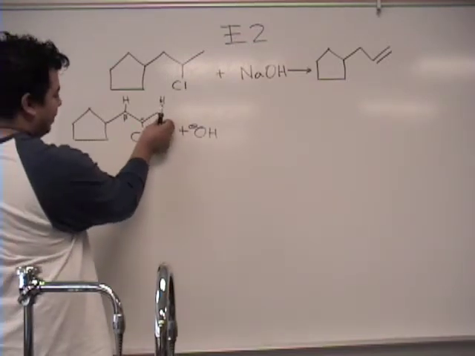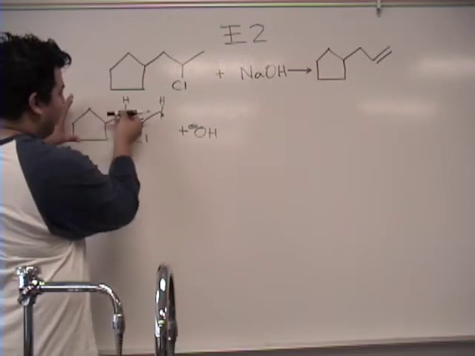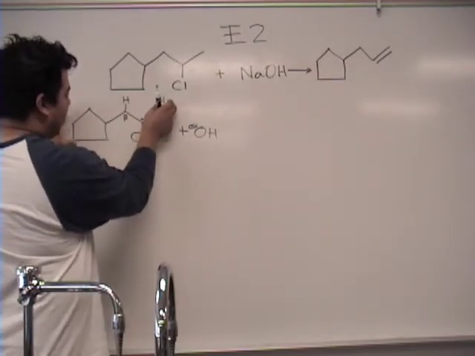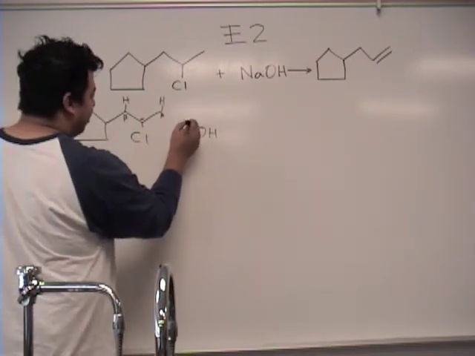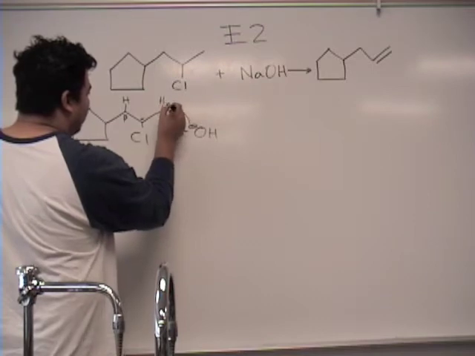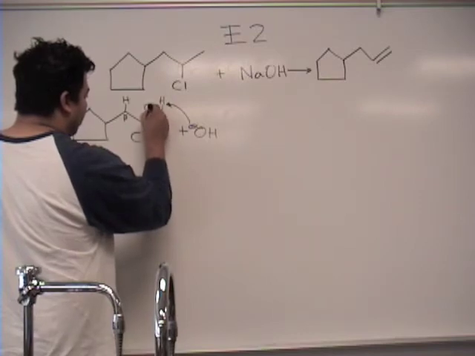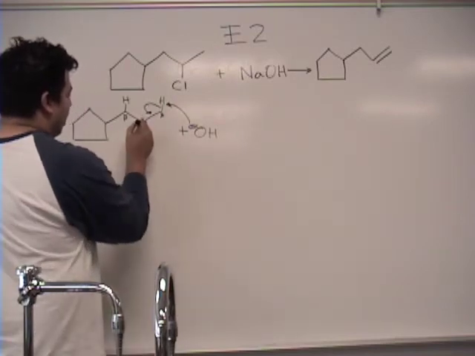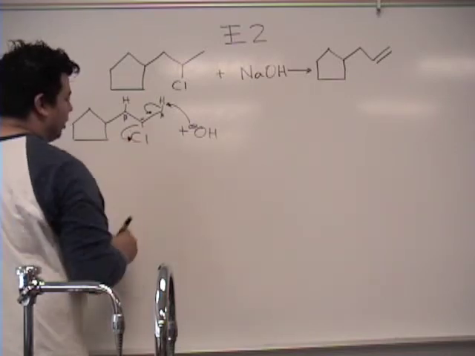Now, this other beta hydrogen, you only have 1 group feeding electrons to it. So the most acidic one is going to be this. Since that is easier to take out, you will pick it up with the base, and then this bond is going to break, is going to make a double bond right here. And we said our leaving group is going to take the electrons from the bond and is going to leave.